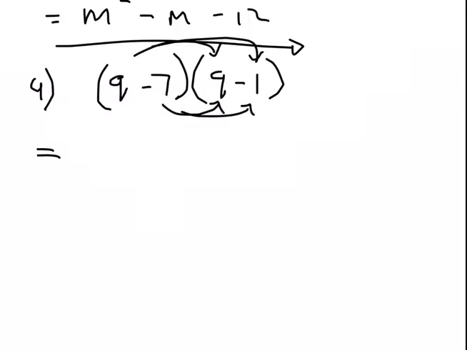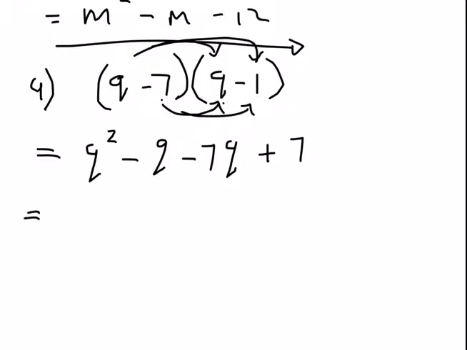Let's see. What is q times q? Definitely it will be q squared. Then q times negative 1 will be negative 1q. Then 7 multiplying that q, what will it be? It will be negative 7q. Then you've got that 7 multiplying 1, it will definitely be positive 7.